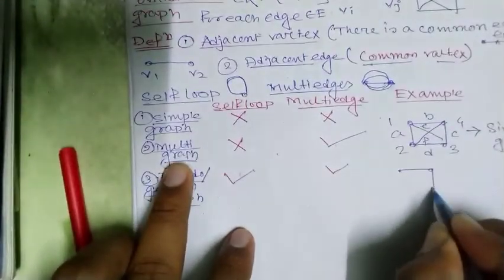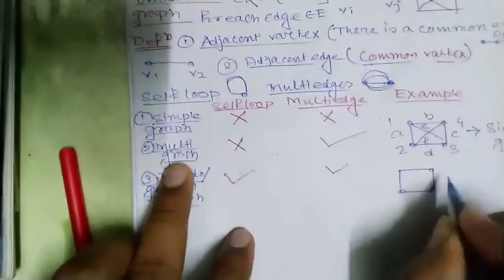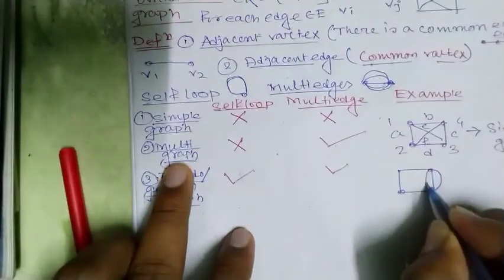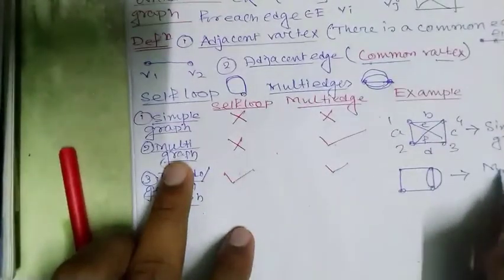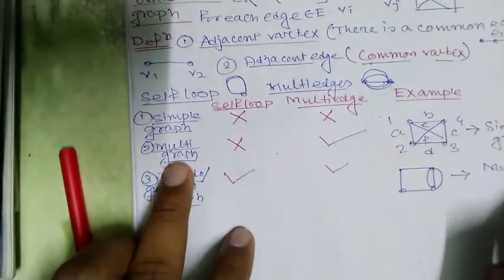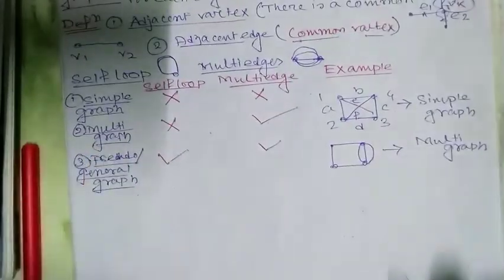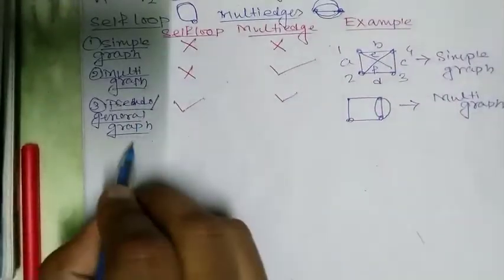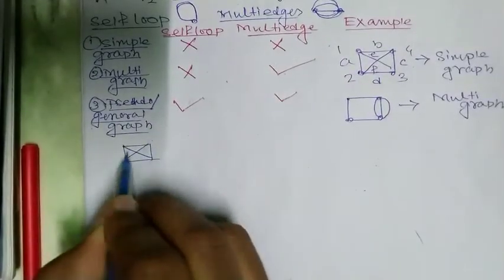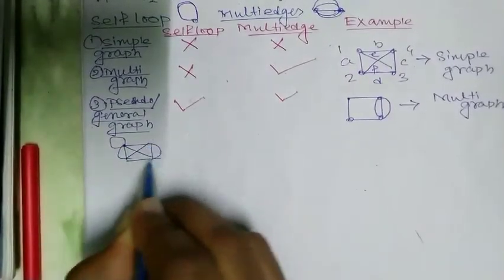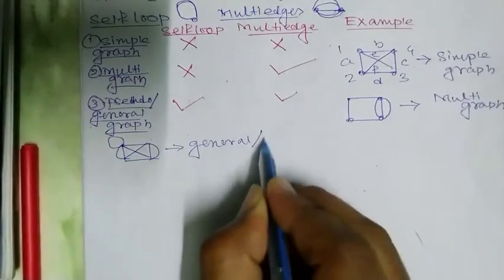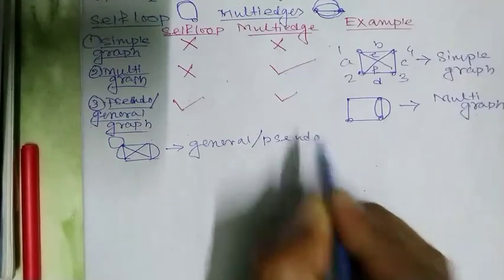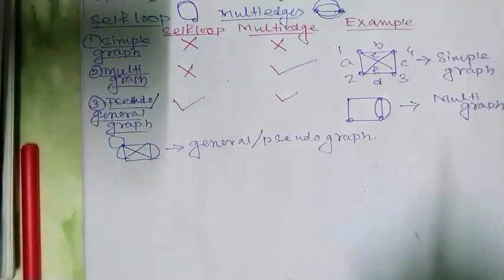There is no self loop but there are multiple edges, so we call this a multi graph. And the third, the general or pseudo graph, where everything is allowed, like this. So this is a general or pseudo graph. Okay, this much is clear.